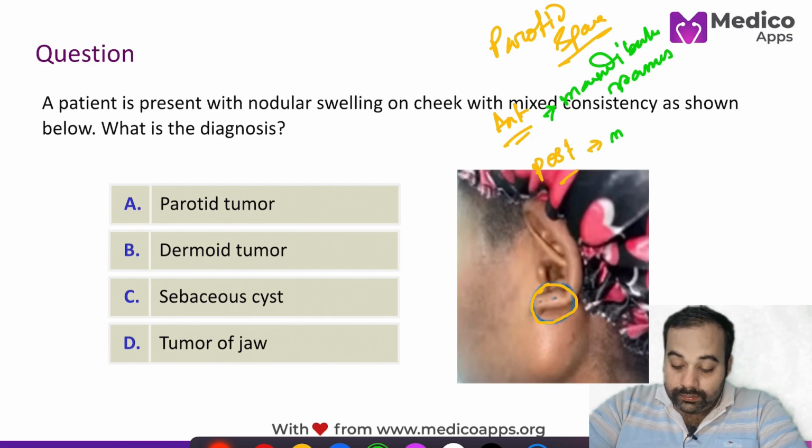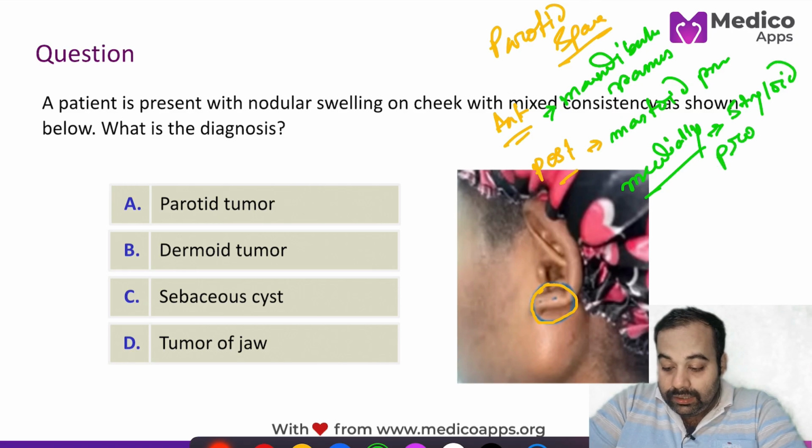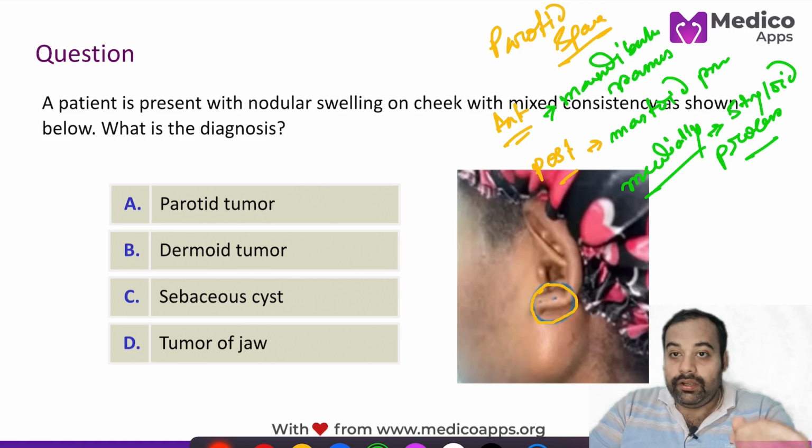Posteriorly there is the mastoid process. Medially there is the styloid process.